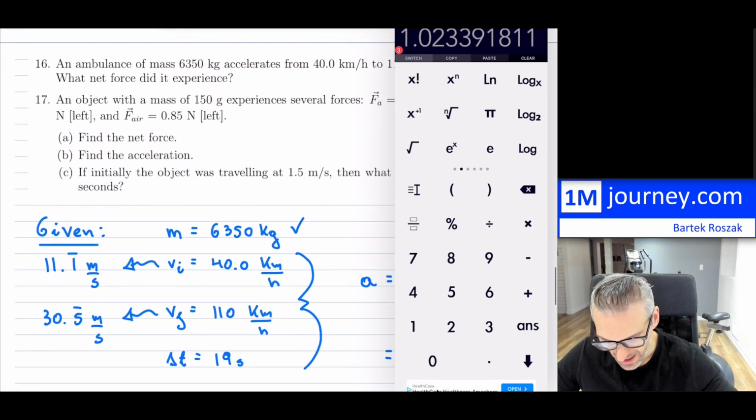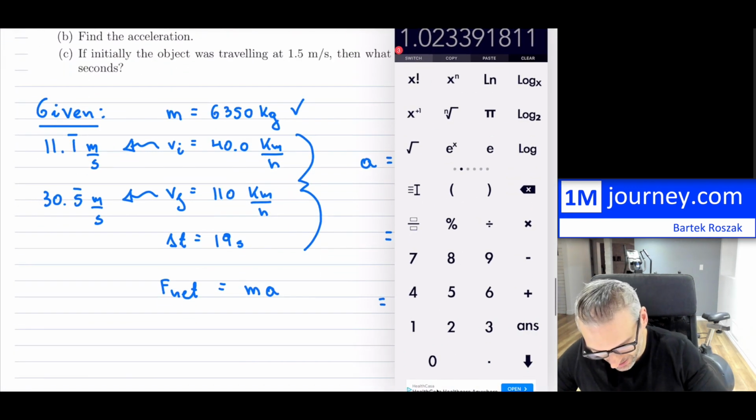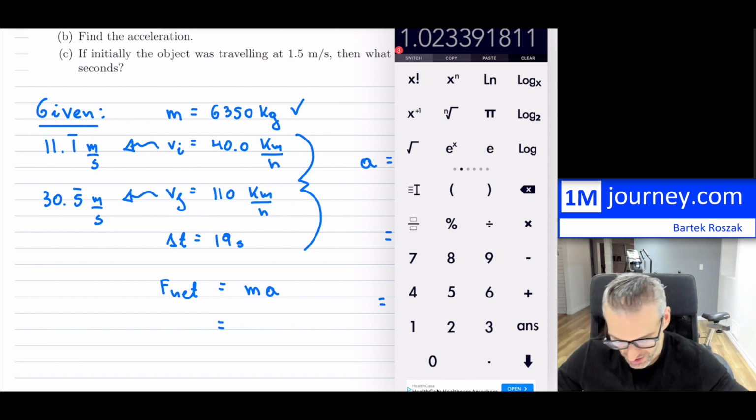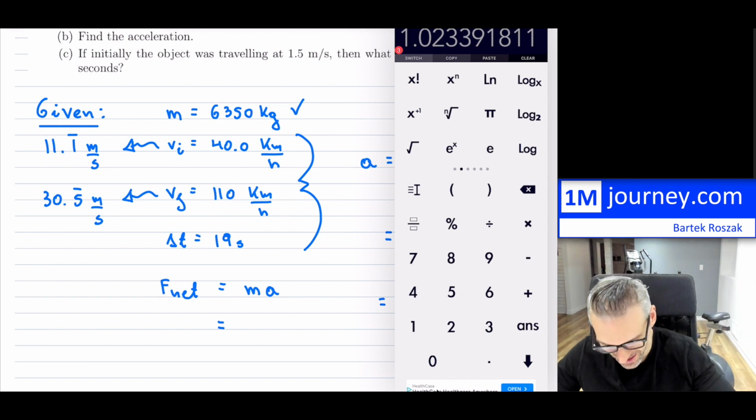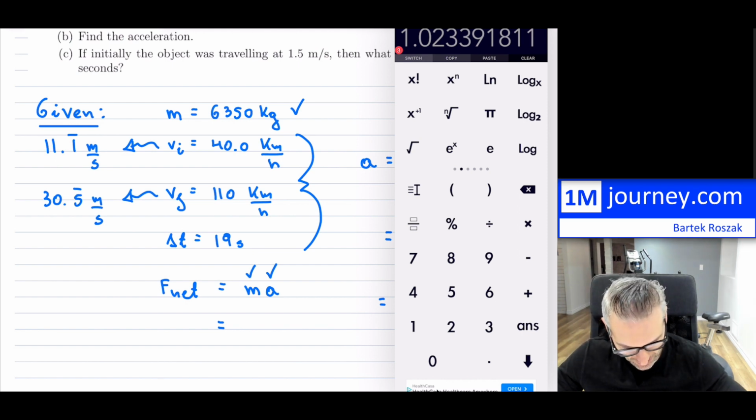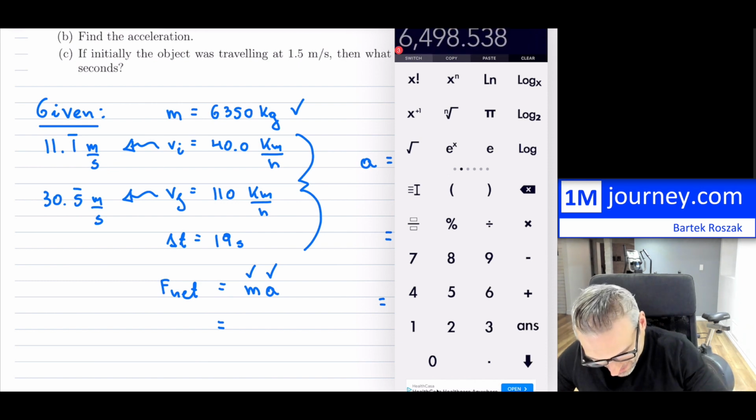Now, because I am asked about the net force, and I already have my mass, which is given, and on my calculator I have the acceleration, I just have to multiply it by mass. If I take this answer and multiply it by 6350, it's a mighty vehicle there, that's the force that I would have: 6498.5, etc., and this is going to be newtons.